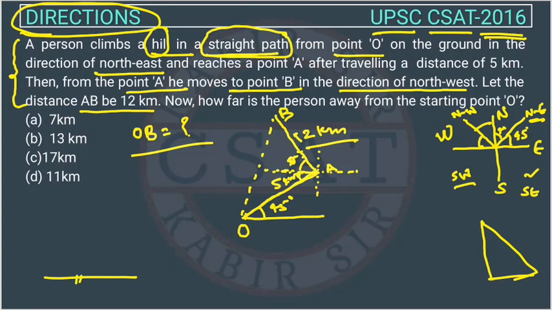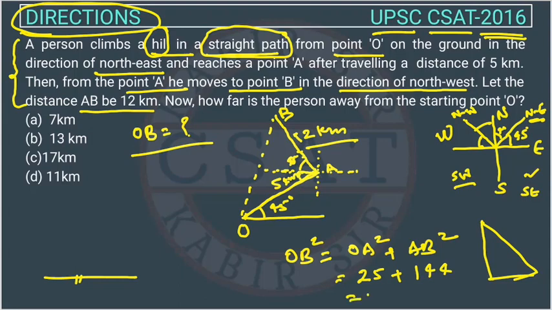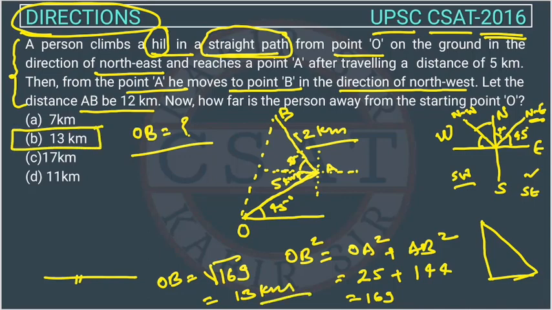So OB square equals OA square plus AB square: 5 square is 25, plus 12 square is 144, total 169. So OB is the square root of 169, which is 13 kilometers. So the answer is option B.